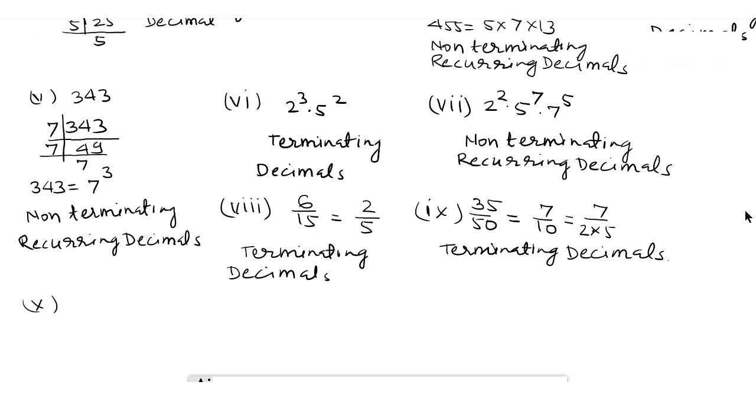Part 10 of the question, 77 upon 210. This is equal to 11 upon 30. This is equal to 11 upon 3 multiplied by 2 multiplied by 5. As the denominator is having 3 other than 2 and 5, it is non-terminating recurring.